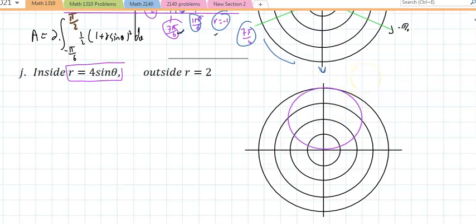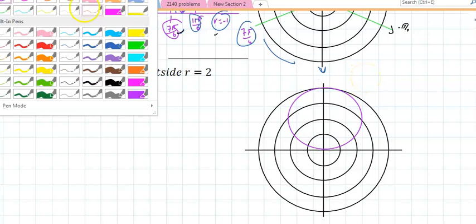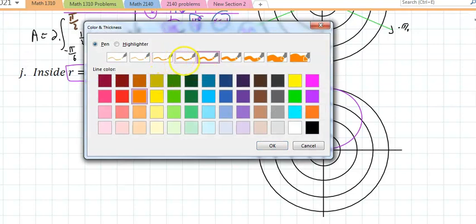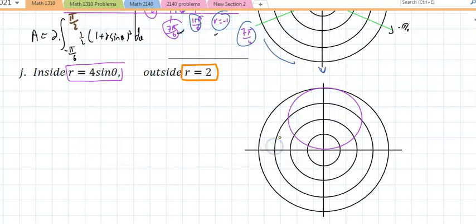Okay, and inside of this, and I want it outside of this other circle. Let me use r equal to. I just want to shrink that a bit. So r equal to, I know is a circle. Almost. There we go.